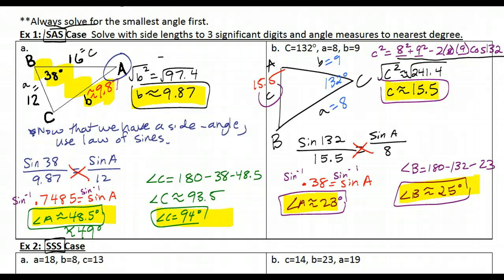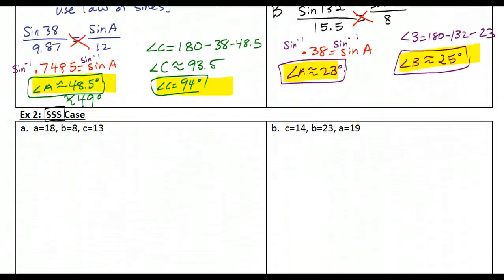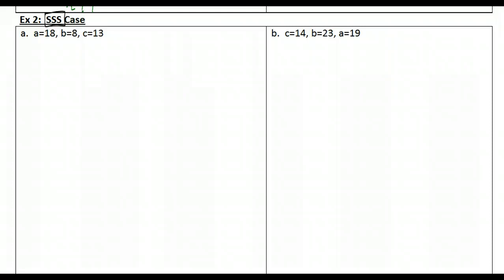Okay, if you're joining me for example 2, I want to just say something quick. We'll talk about this more in class, but have any of you been wondering right now why we haven't had to look for a second triangle?